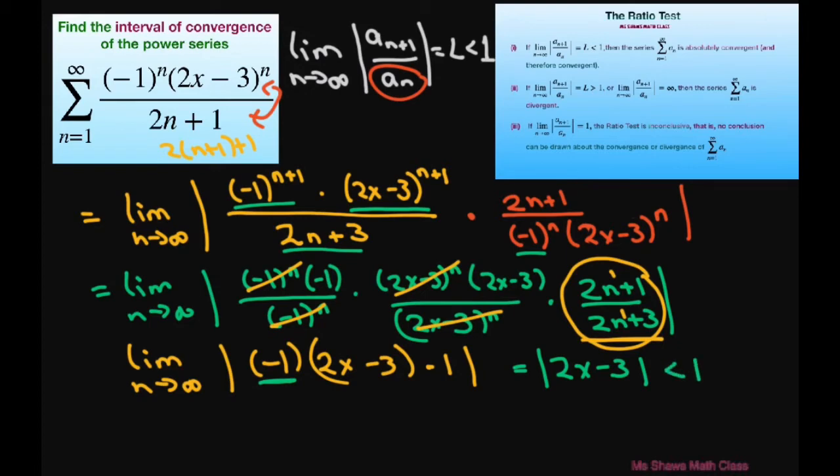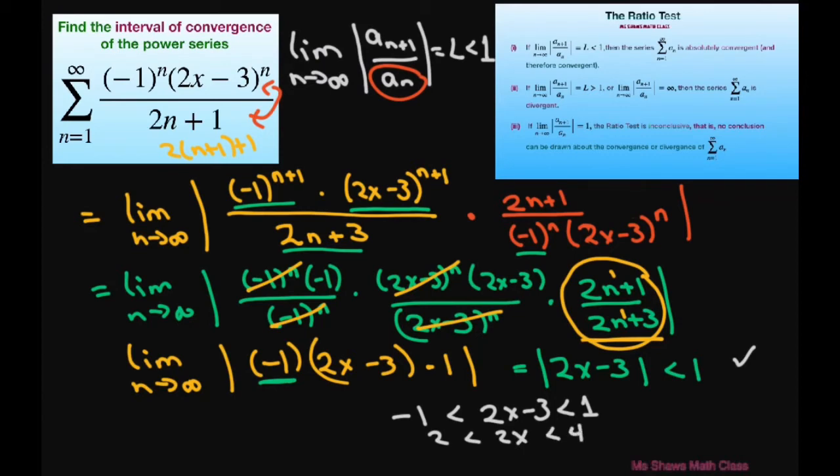All right, so to find the interval, we're going to use our definition of absolute value. This is 2x minus 3 is less than 1, but greater than negative 1. Let's add 3 to both sides. That's going to give me 2 is less than 2x is less than 4.